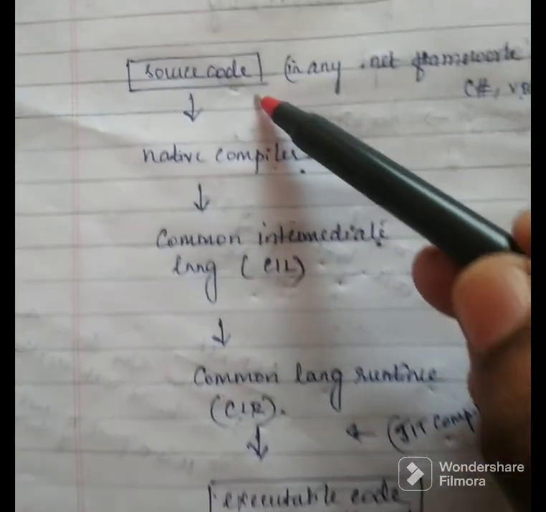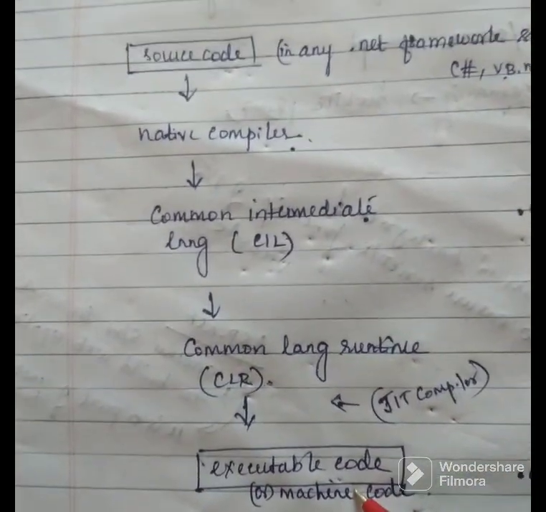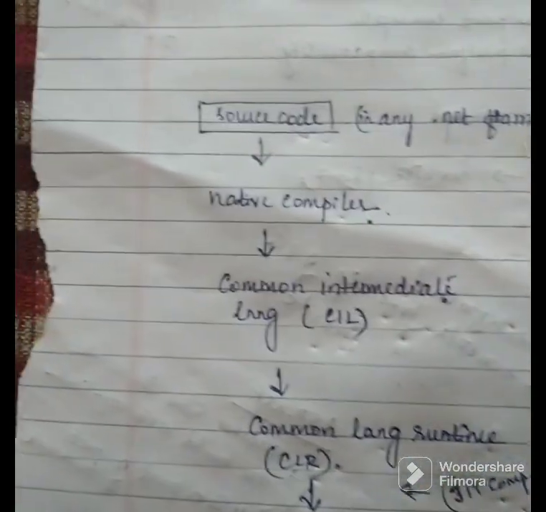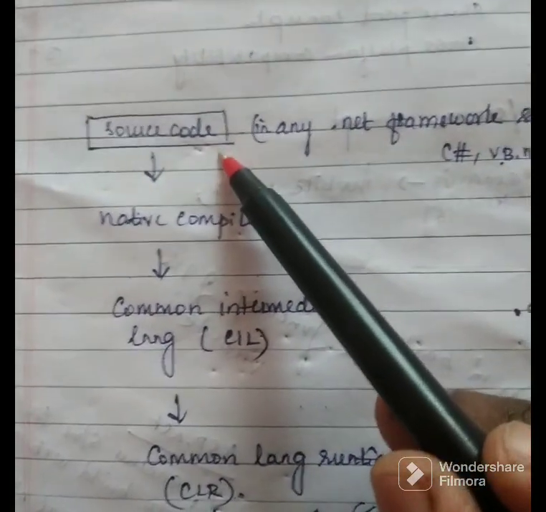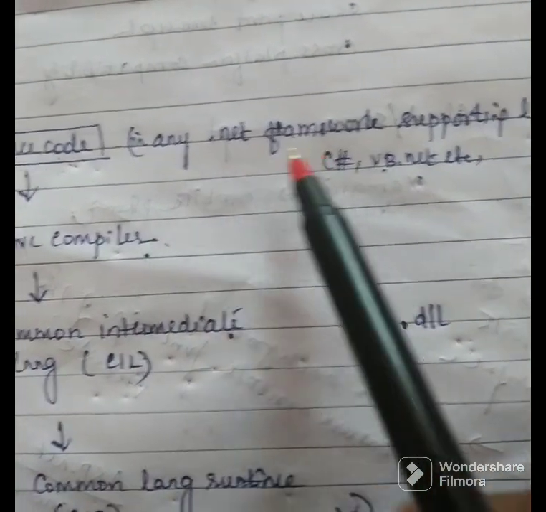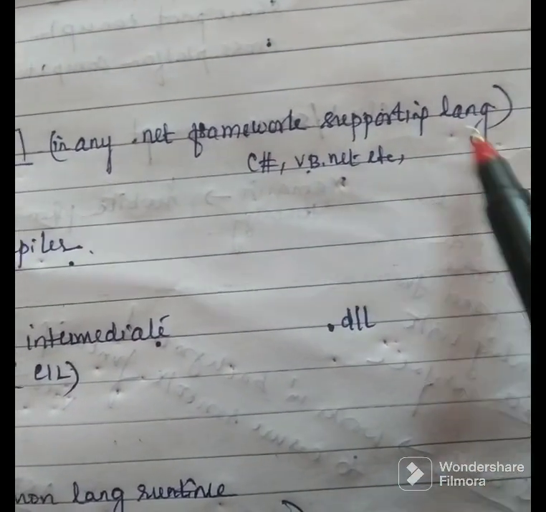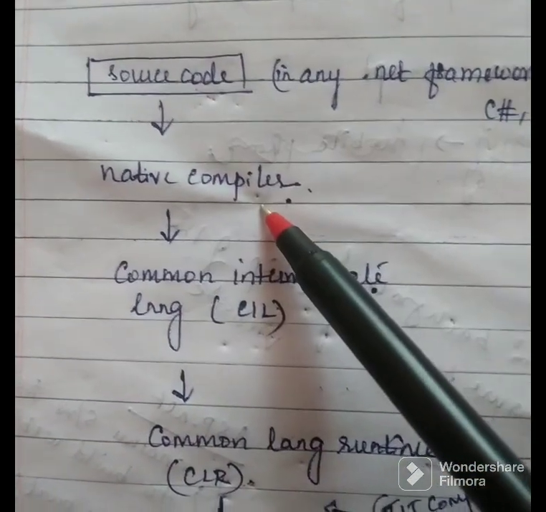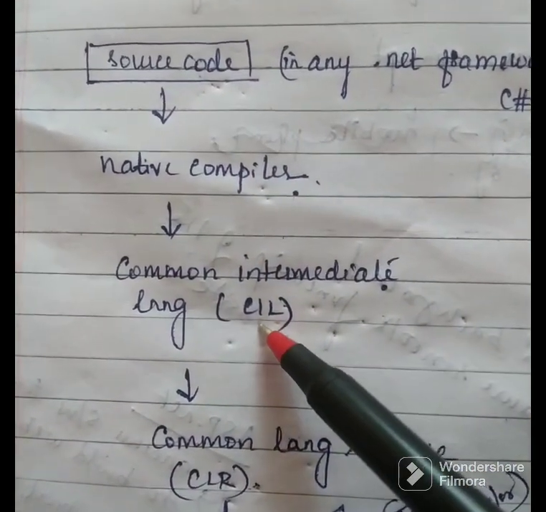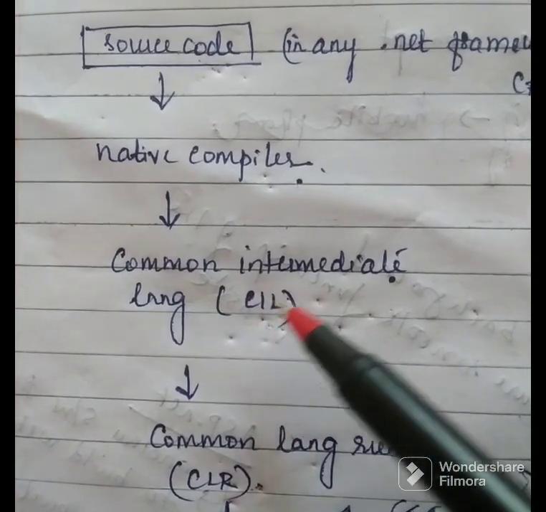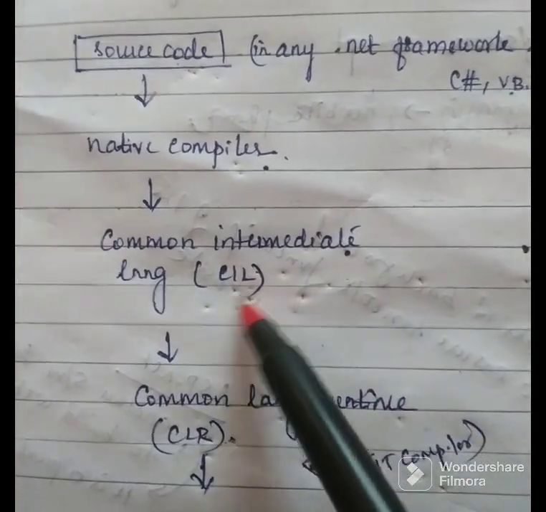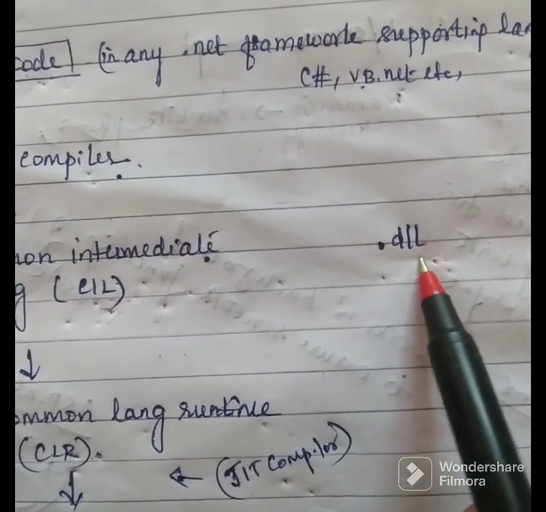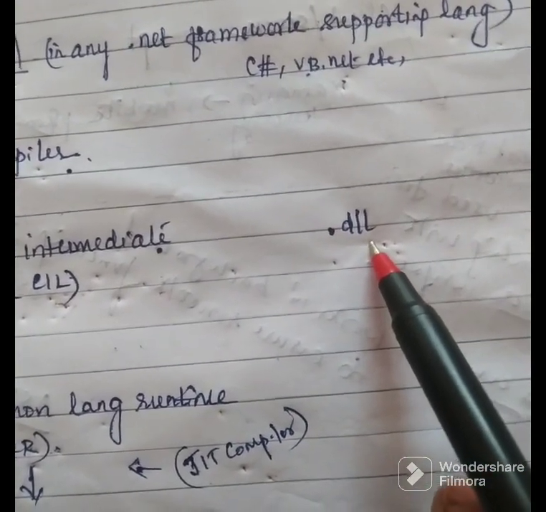The source code is converted into executable code. It is common in all programming. Here the source code can be in any .NET framework supporting language. With the help of a native compiler, it is converted into CIL, an intermediate file, that is Common Intermediate Language. At this point, its extension will be DLL, that is Dynamic Link Library.